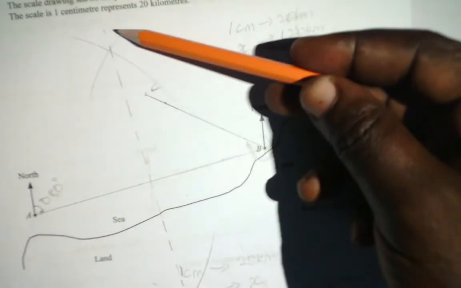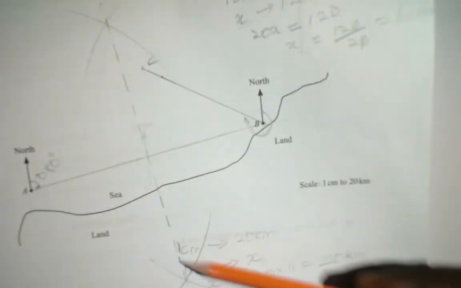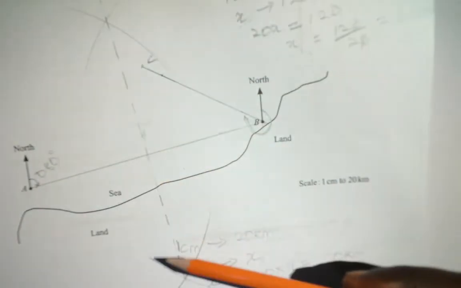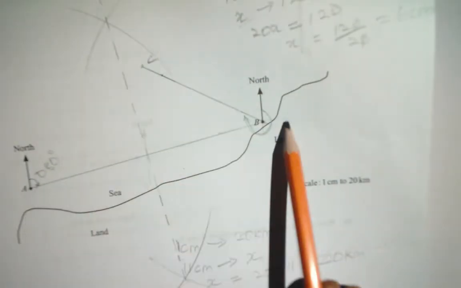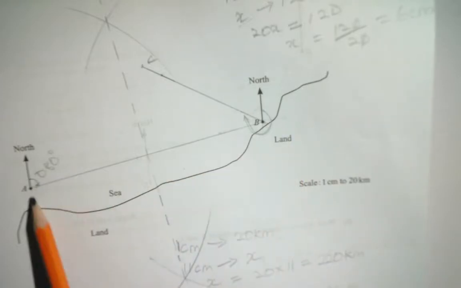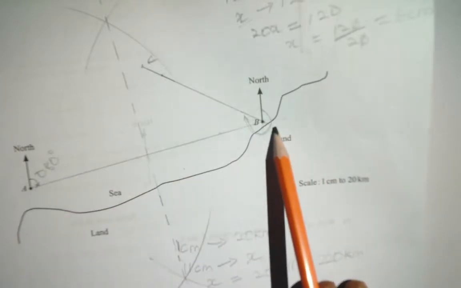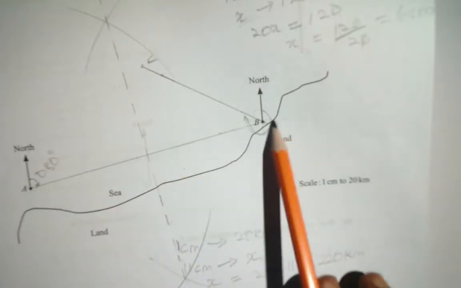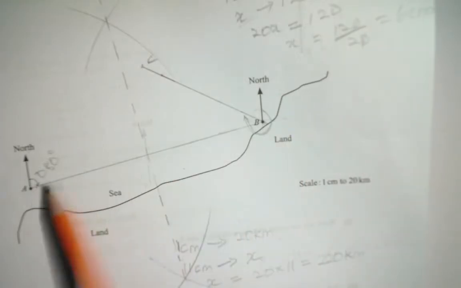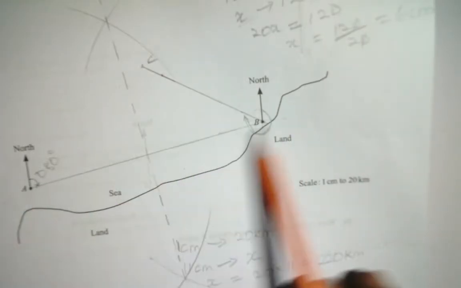This is the path of Marco's boat. We did that by bisecting line AB, because they say equidistant from point A and point B. To get a line that is equidistant from these two points, bisect this very line, which we have done. So that is that for question 8A.